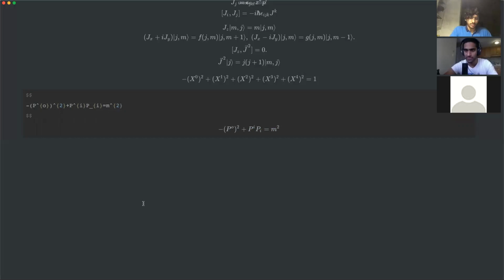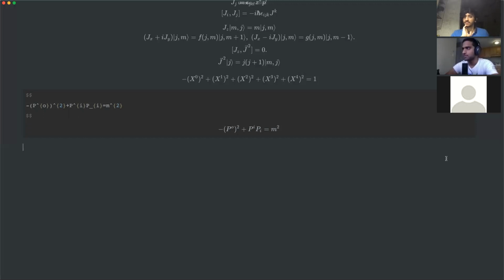Right? So basically, if I multiplied everything by m, that's an m squared. It's the same reason that you have Lorentz transformations respecting the mass-energy relation.